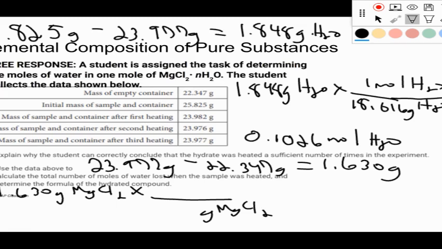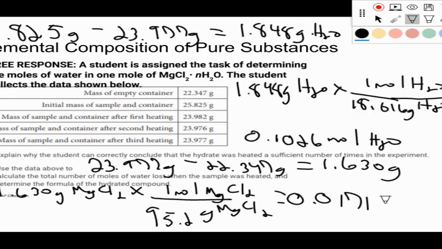So 1 magnesium is 24.3, and then my chlorines are 35.45 times 2. That gives me 95.2. So I'm going to work that out. So 1.630 divided by 95.2. And rounded to 4 sig figs, I get 0.01712.